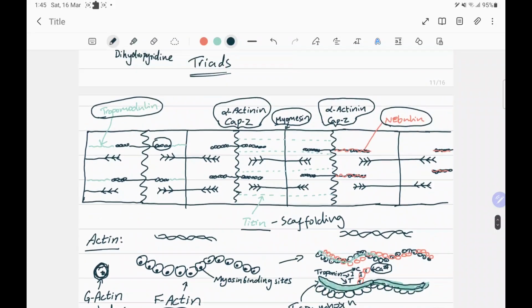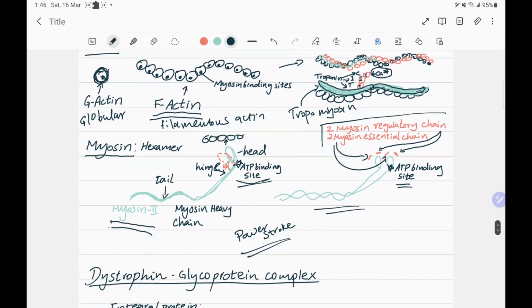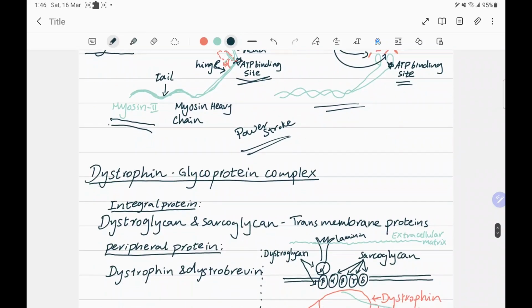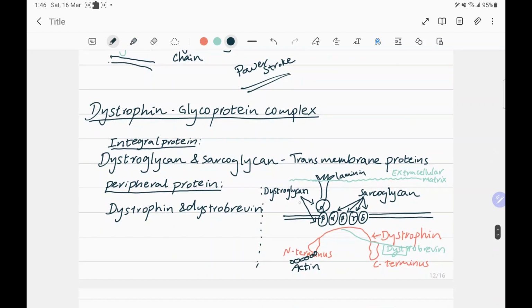Then there's another important component, which is called dystrophin. Here we have the dystrophin glycoprotein complex. It looks like this, you see this picture over here. It is a very important protein which helps to bind those thin filaments and keep them stuck to the cell membrane of the muscle.